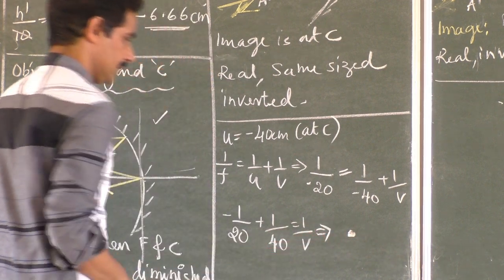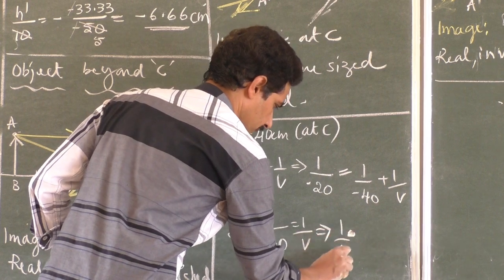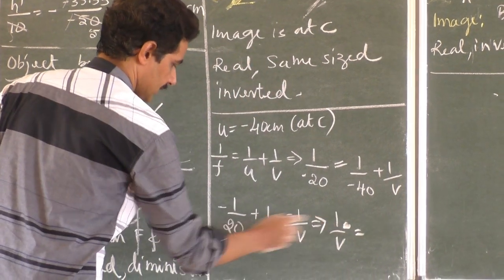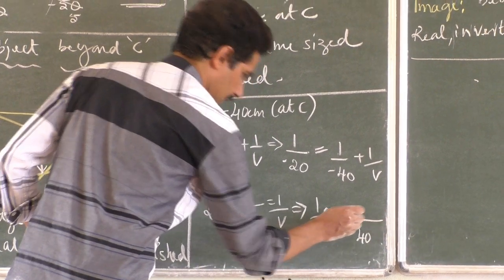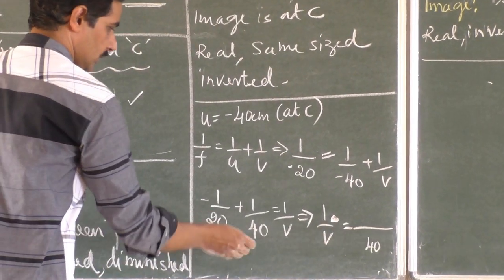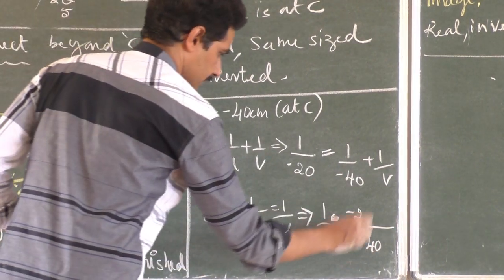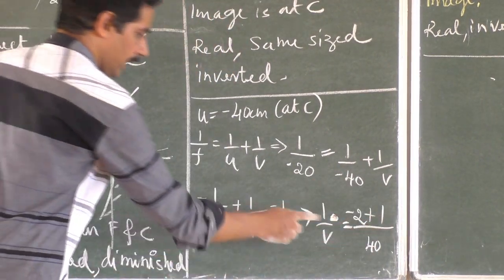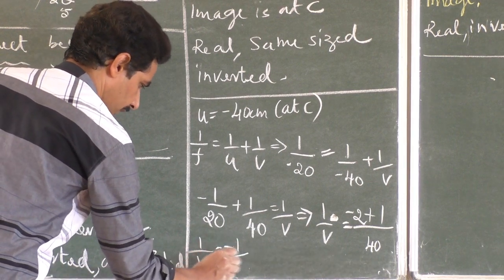That implies 40 can be taken as common denominator. 1 by V equal to, 40 as common denominator, 2 times minus 2 and 1 times plus 1. 1 by V is minus 1 by 40.